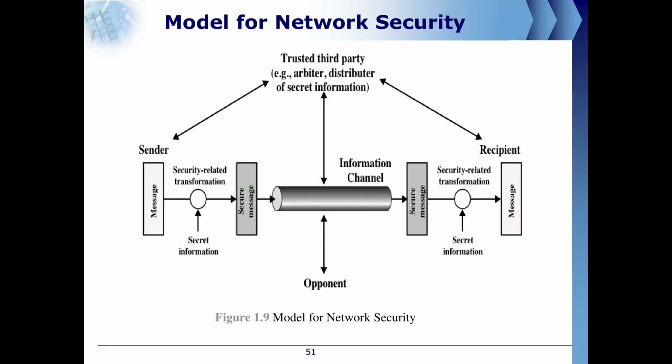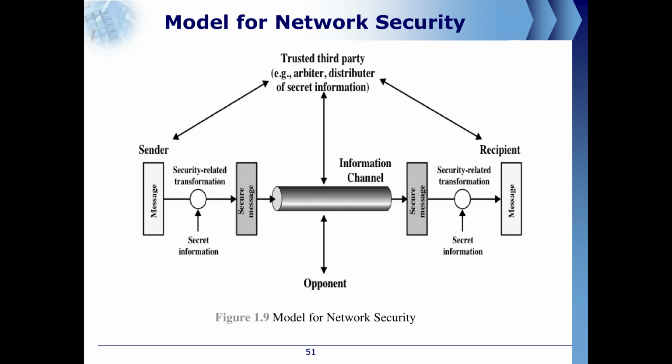Figure 1.9, Model for Network Security. In Figure 1.9, the model for network security involves a sender wanting to transmit a secure message to a recipient. The process includes a security-related transformation, represented as secure information, applied to the message before it becomes a secure message block.